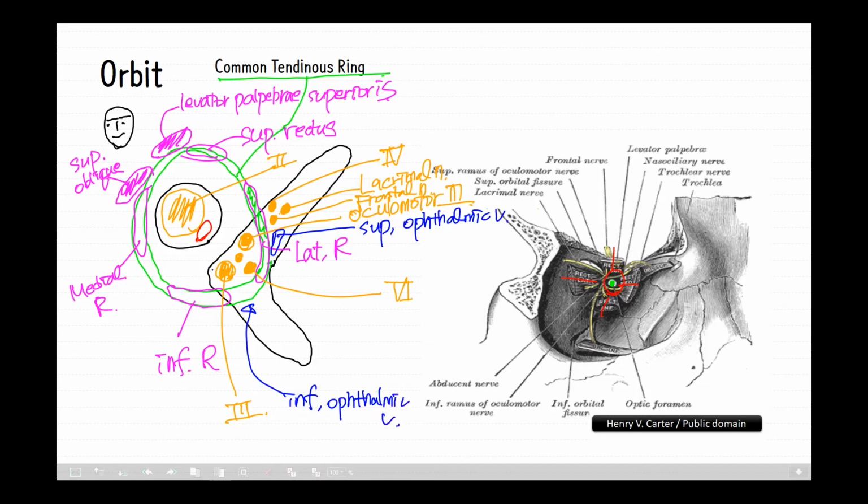And infraorbital artery and infraorbital nerve. And there is another small nerve, zygomatic nerve. Okay.